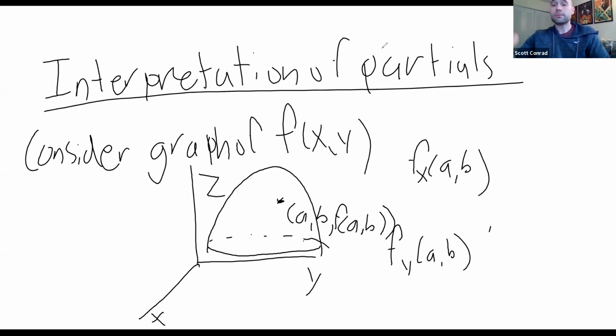Okay, so this graph of our function is a surface. Pretend you're at this point here, and this surface is just like a hill or something, and you're walking along this surface. So the way we're going to think of the partials with respect to x and with respect to y are as follows. So the partial with respect to x. You're at the point a, b.